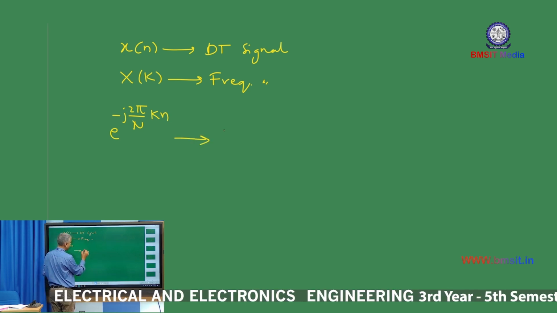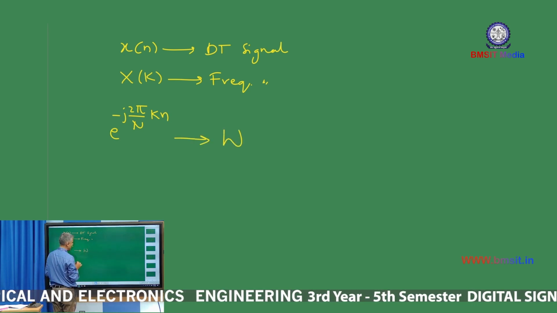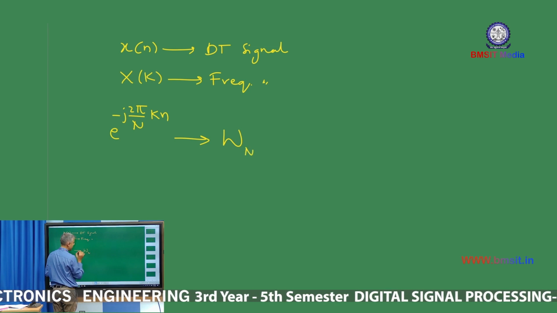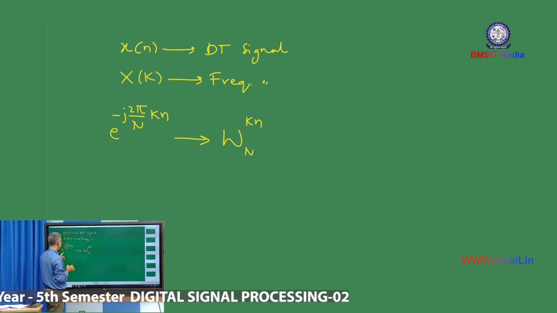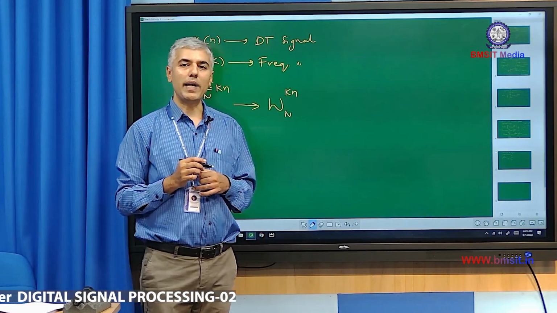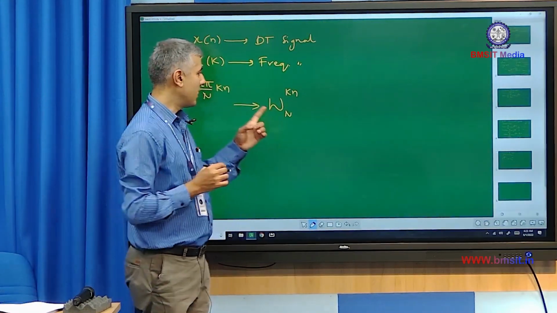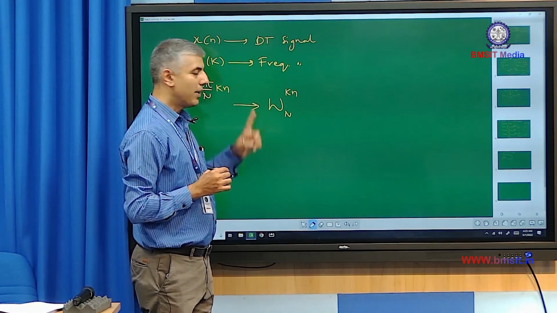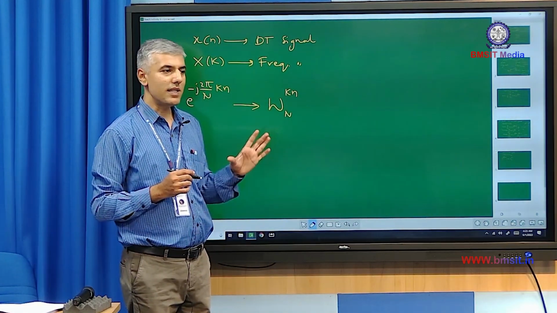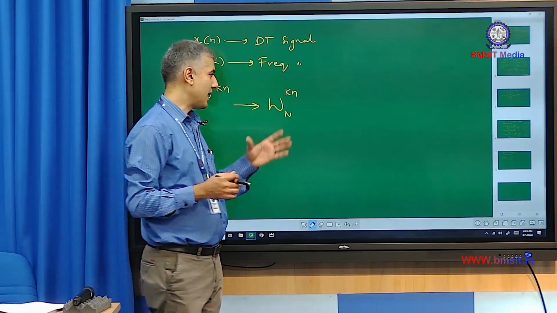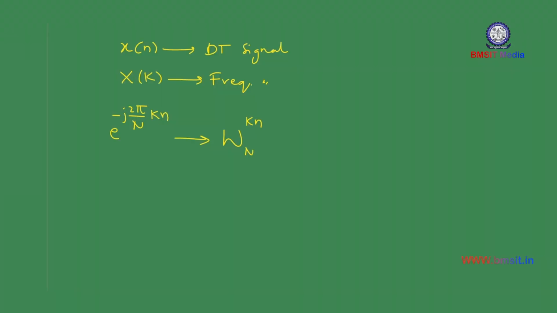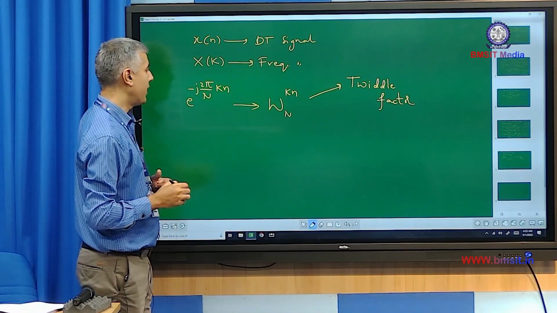We use something called W, with N shown here, raised to k n. That is, e raised to minus j 2 pi by N k n is replaced by W N raised to k n. This is usually the method in which textbooks represent the twiddle factor. So, this is the twiddle factor.